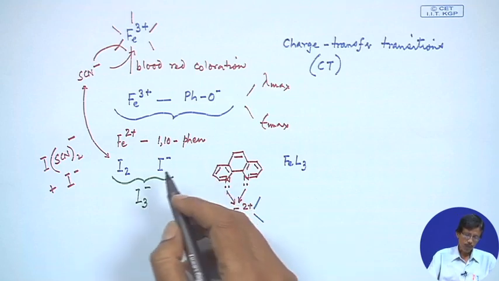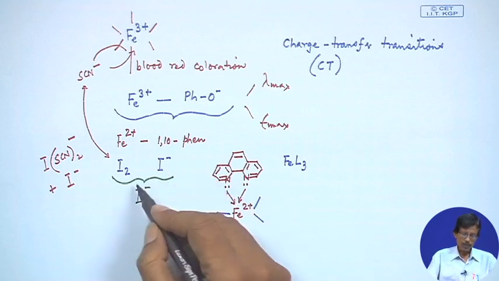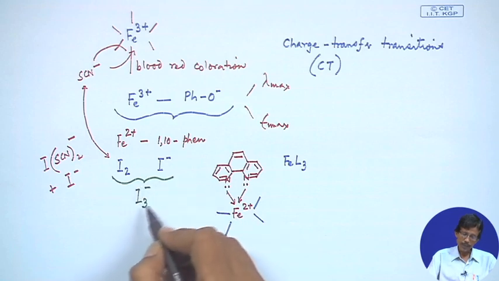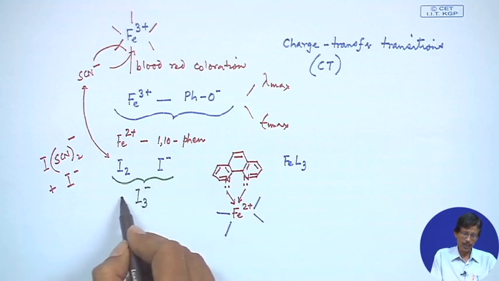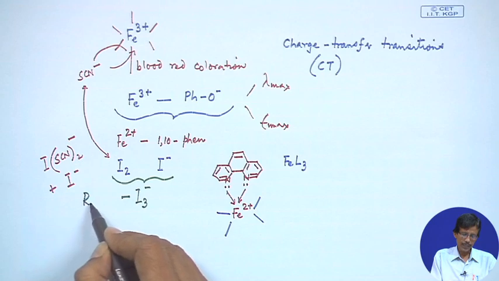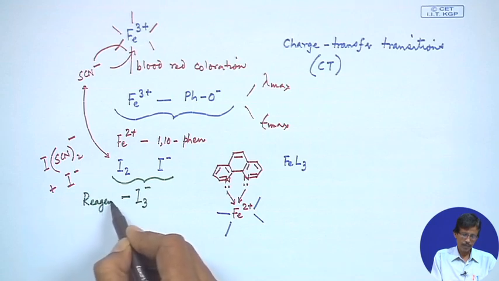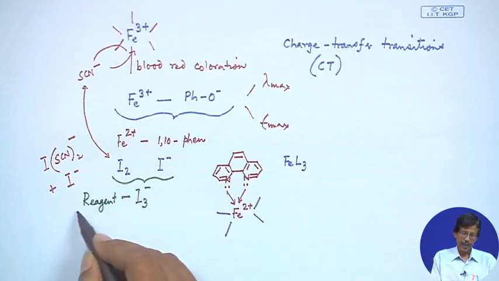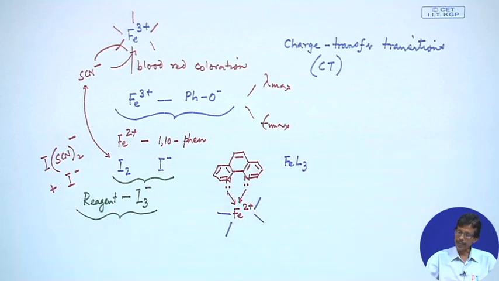This species can be identified, but if it is not strongly colored, we add some reagent to this analyte, and the combination can give a color.